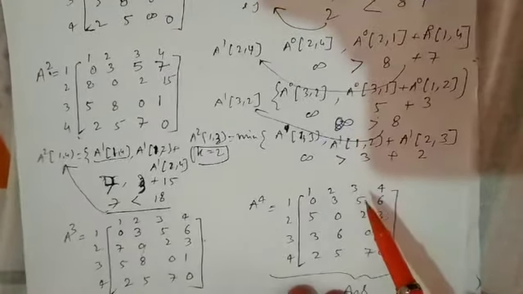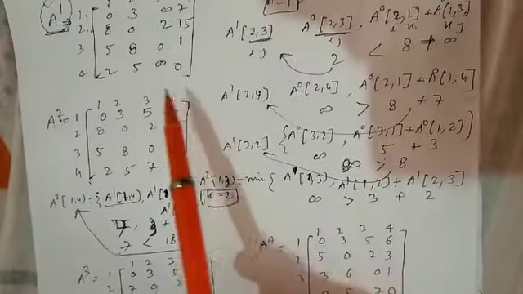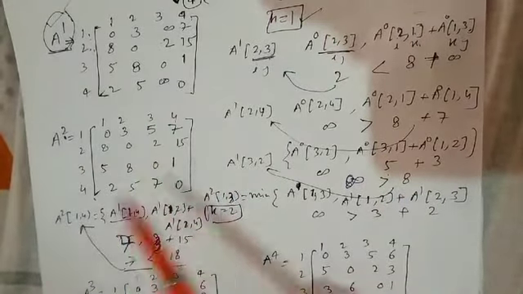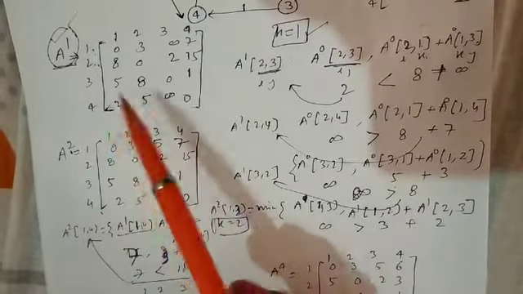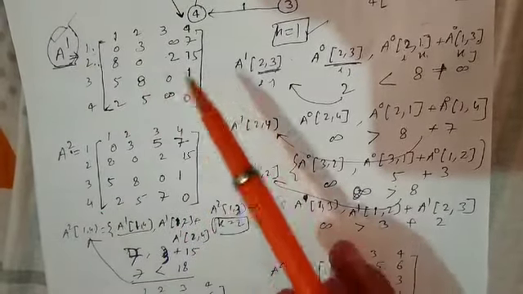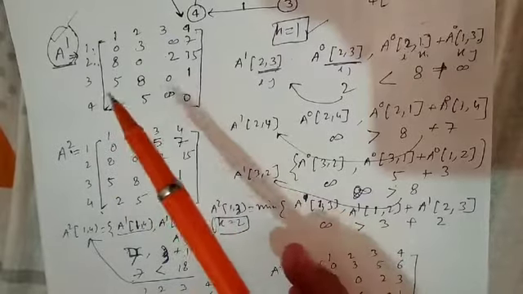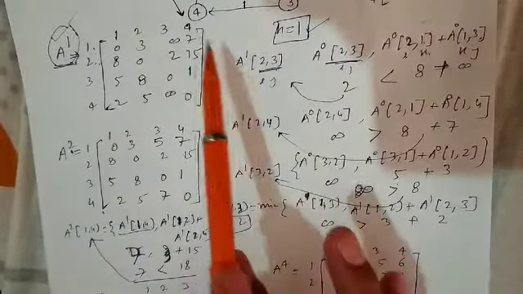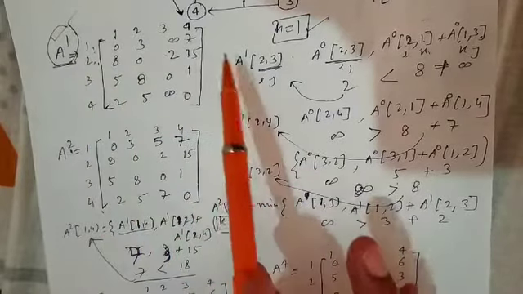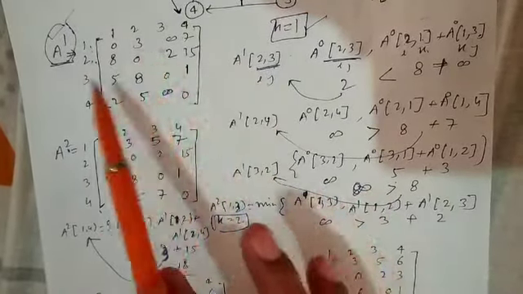Now just see here, in every iteration, this is the beauty of dynamic programming. In every iteration we are finding some solution, and that solution is getting saved. This matrix finds all the shortest paths passing through vertex 1.